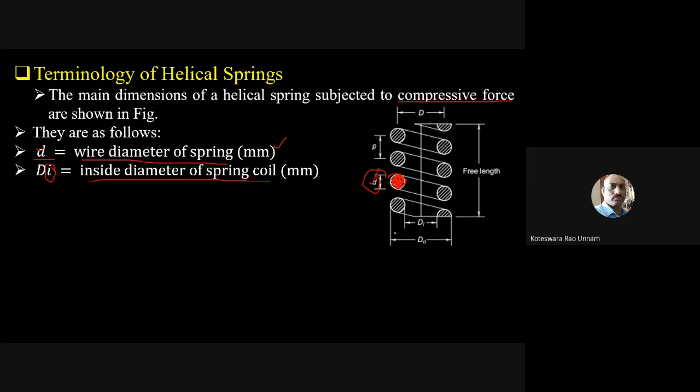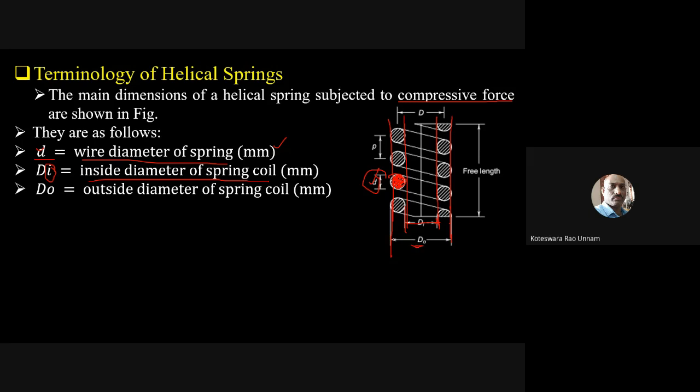So this distance is DI. Then DO is the outside diameter, or if I draw the outer line, this is the outside diameter.